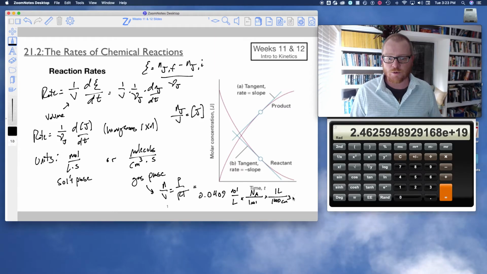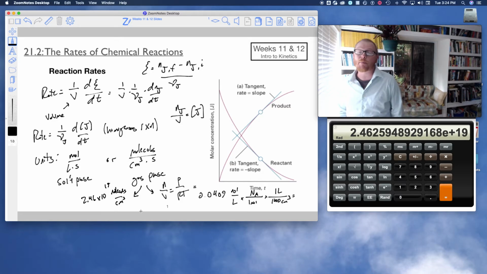So that equals, I ran out of room here, so I'll write that over here. That equals 2.46 times 10^19 molecules per cubic centimeter. So what does that number mean?